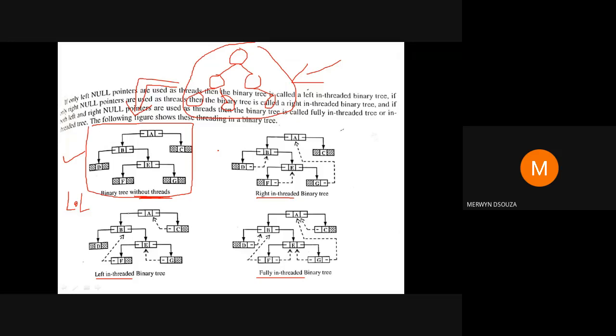In the next slide I'll show you how to convert a binary tree without threads to this form. The other two forms are variations of this fully in-threaded form. It's simple.